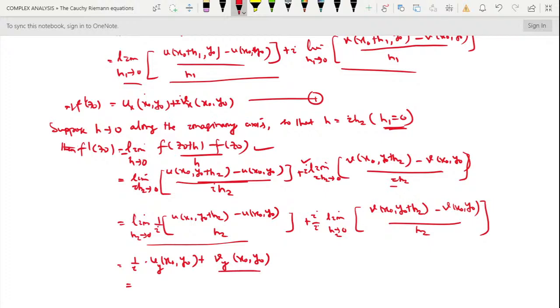So first I will write the real part. This is v_y at x naught y naught, and this has 1 by i. If I multiply i in both numerator and denominator, 1 by i can be written as i divided by i square, which is minus i. So in place of 1 by i, I will write minus i.